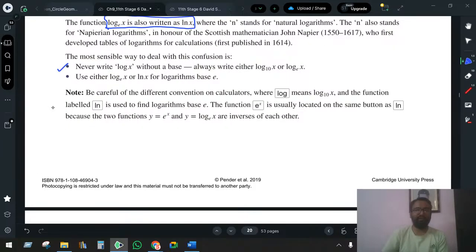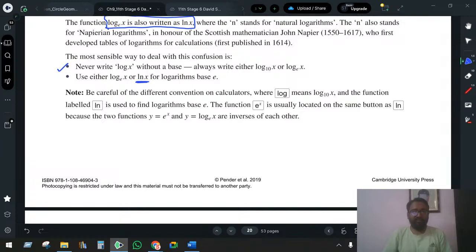So here he uses the notation ln x. That's why scientific calculation is about engineering-level calculation purposes. In that, ln x means log base e, or natural logarithm, or Napierian logarithm.